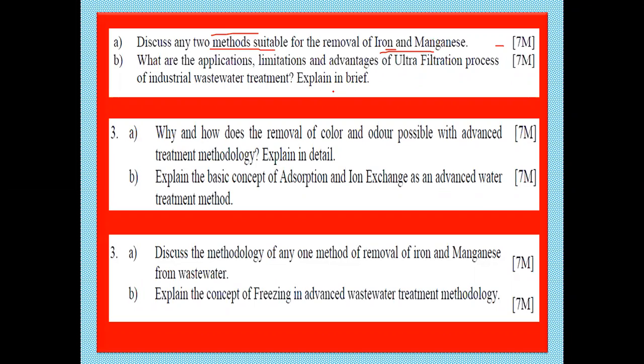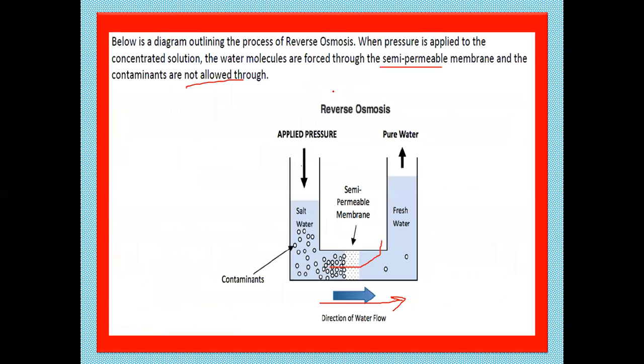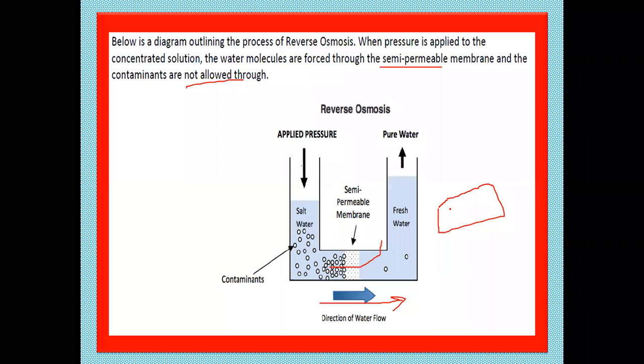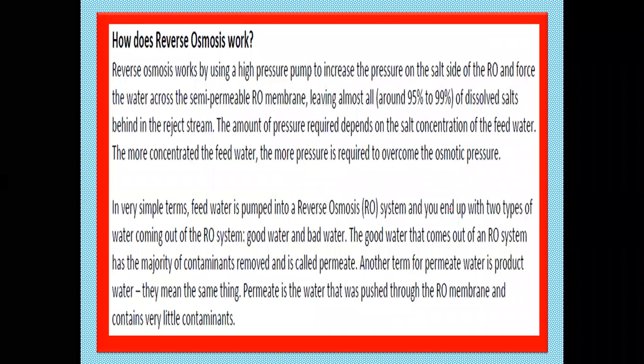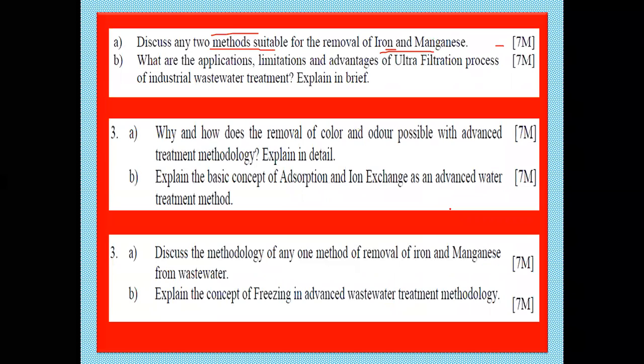So ultrafiltration is a way of filtering water by using a solid membrane, like the reverse osmosis membrane, in different shapes and sizes. This solid membrane acts as a filter for wastewater treatment, right? I will send the file on ultrafiltration.